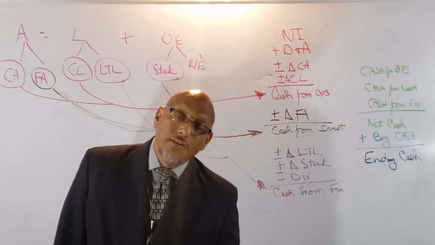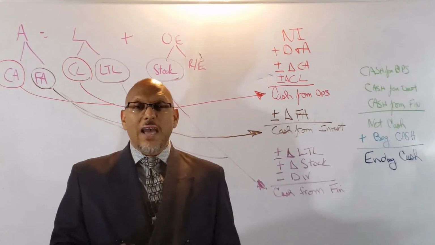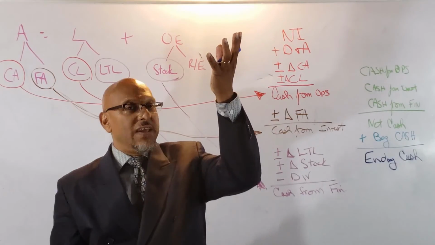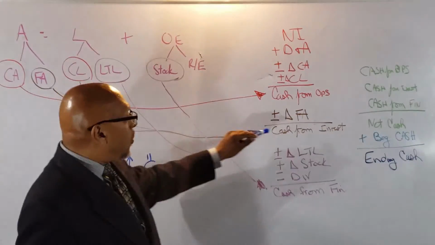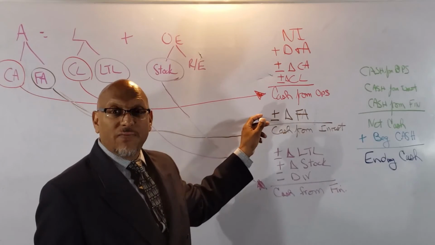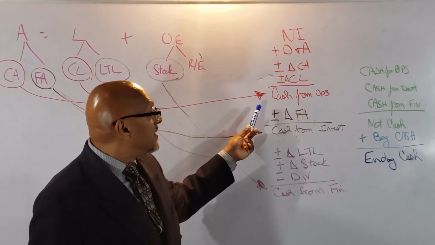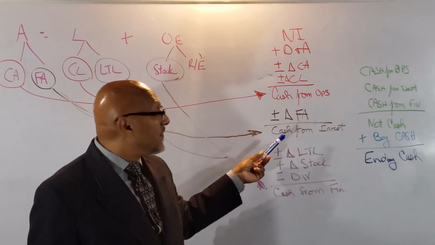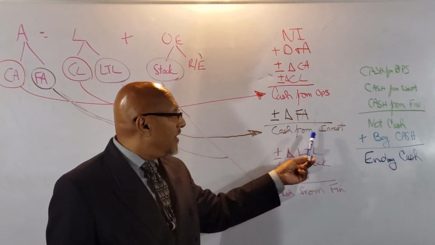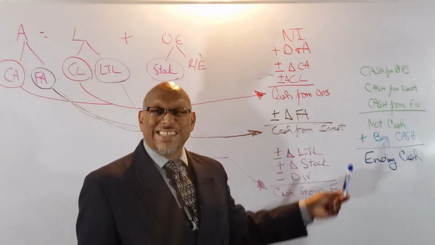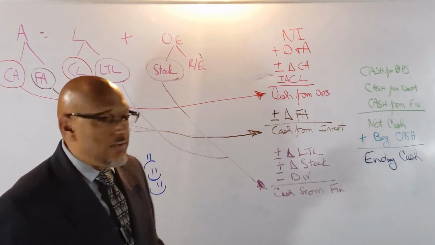So asset going up, it's bad for cash flow. So if we're acquiring fixed assets, it's bad for cash flow, we will subtract it. But if we're selling or disposing of assets, that's positive, that's good for cash flow. That means cash from investing activity.